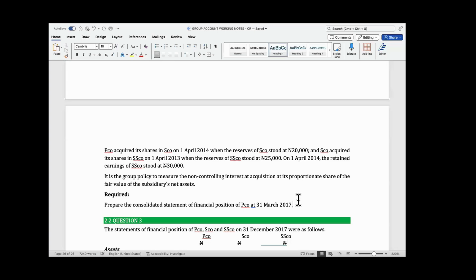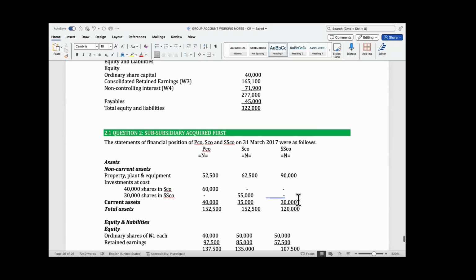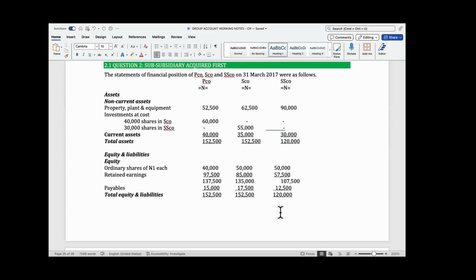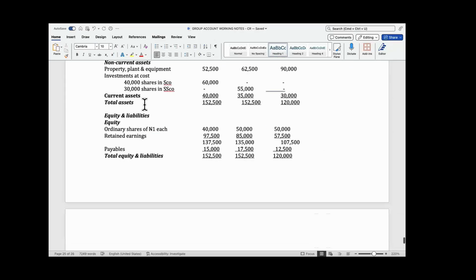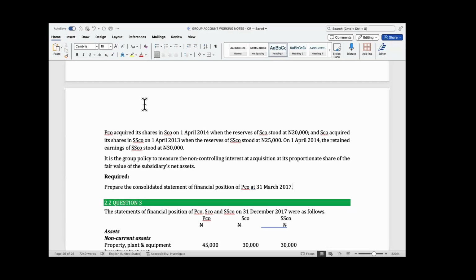So how is this different from what we solved earlier on? Okay, let me just solve it for you. So I will not just assume. Okay, Michael, I can see your hand. Sir, it seems that ESCO has acquired SSCO before PICO acquired ESCO in the question, sir.